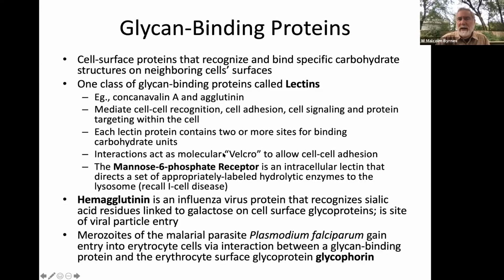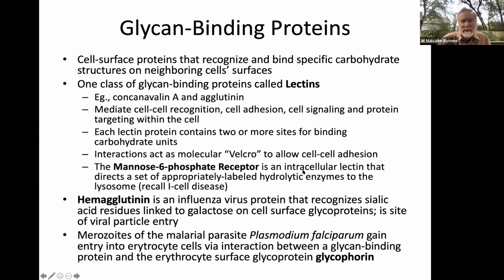These interactions allow cell-cell adhesion, so it's sort of like molecular Velcro, where each lectin protein contains 2 or more sites for binding carbohydrate units, allowing the cells to adhere to each other in a specific fashion through that recognition between the lectin on one cell and the carbohydrate groups on the other.